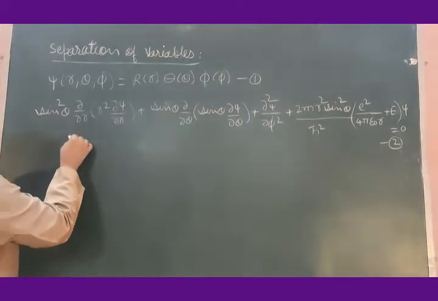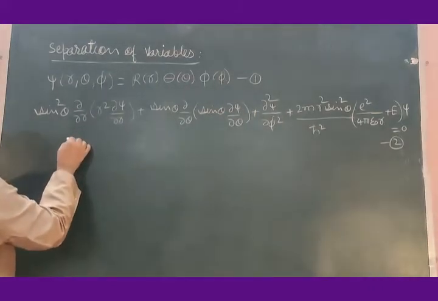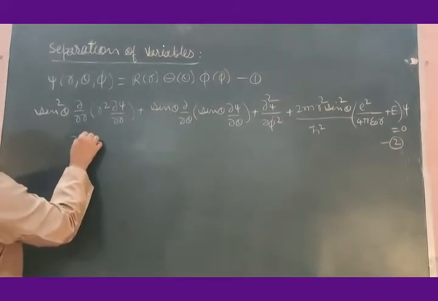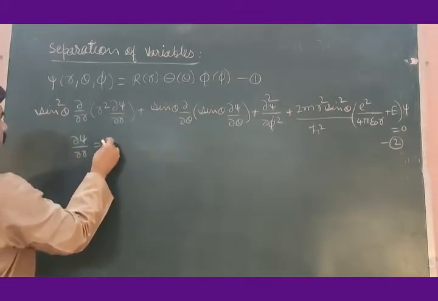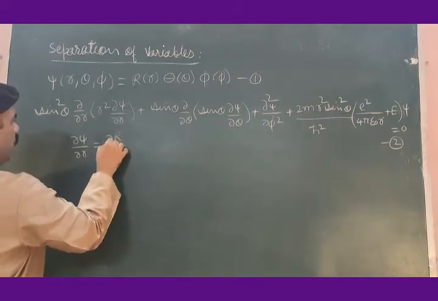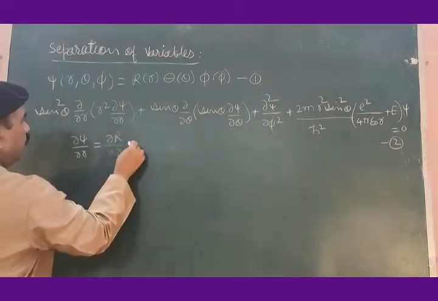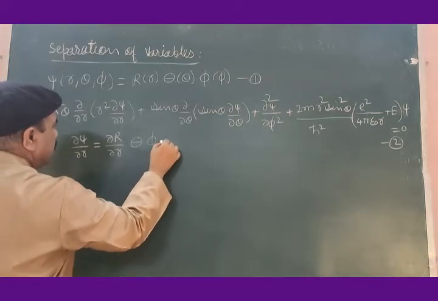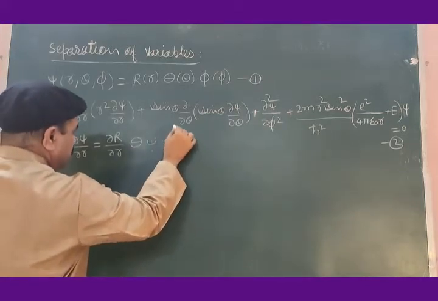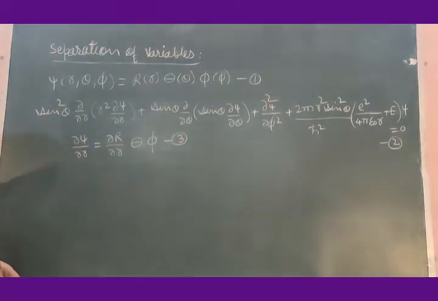Differentiate equation 1 with respect to small r to get ∂ψ/∂r equals ∂R/∂r times Θ times Φ, where theta is constant and phi is constant. This is equation number 3.